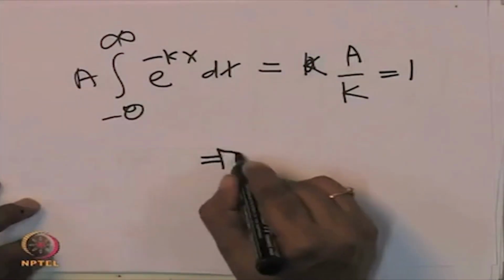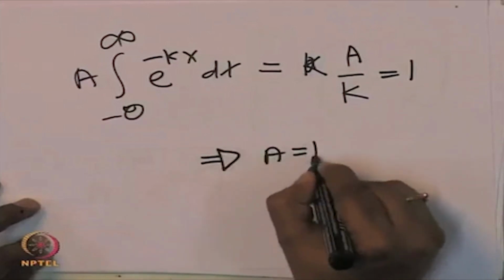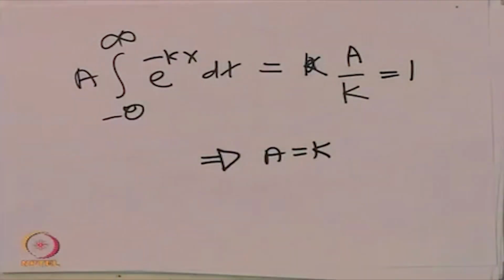That implies a by k has to be 1, so a is equal to k.